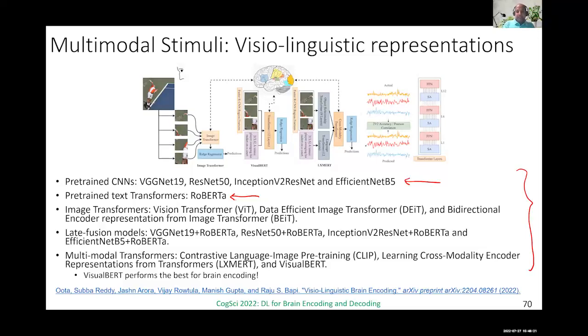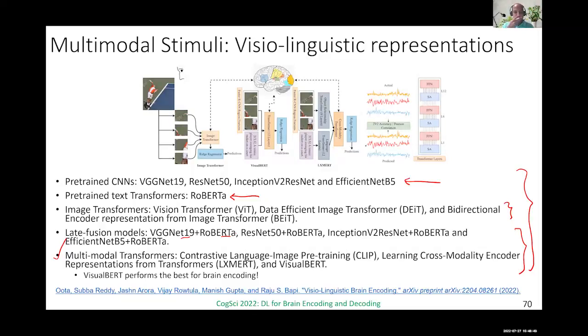In this work, we took those image and text representations and used just image-based transformers or multimodal representations. For multimodal representations, we used two kinds: late fusion models or early fusion models, which are basically multimodal transformers. Late fusion models are basically concatenation at the end. You could take a VGG19 image representation and a RoBERTa text representation, concatenate at the end, and connect to a dense layer, which tries to predict brain response variables.